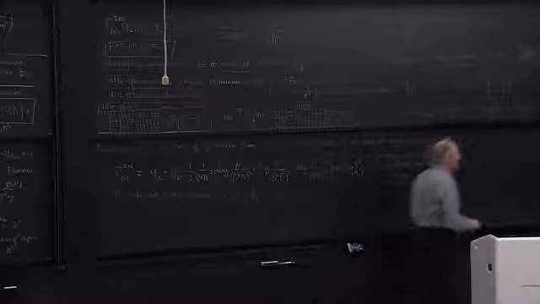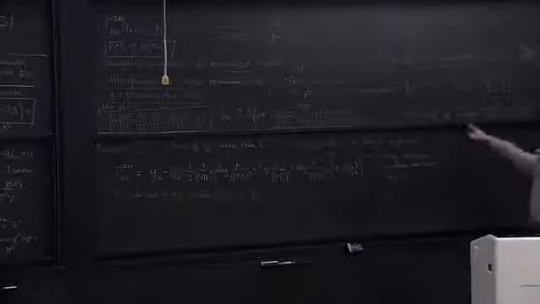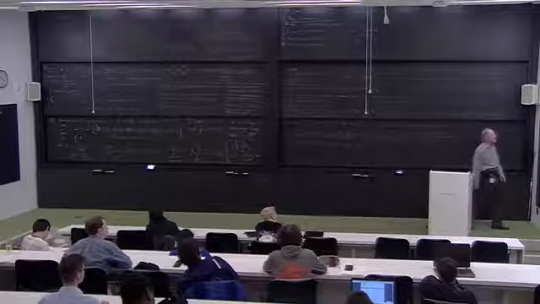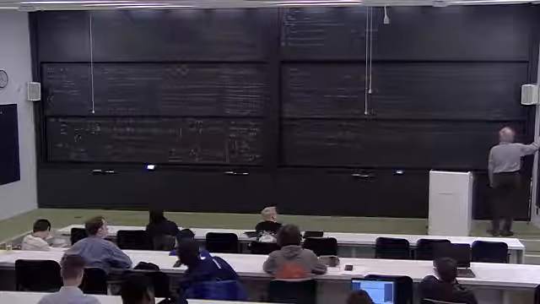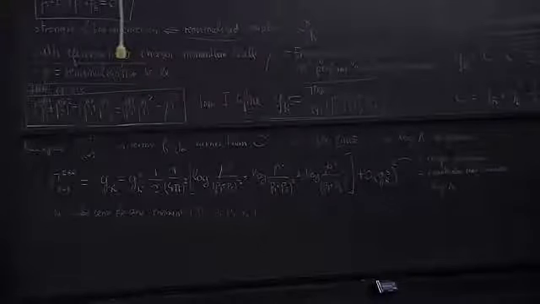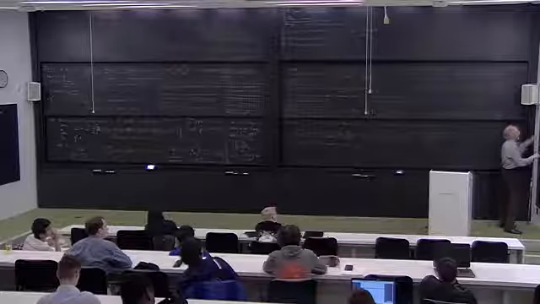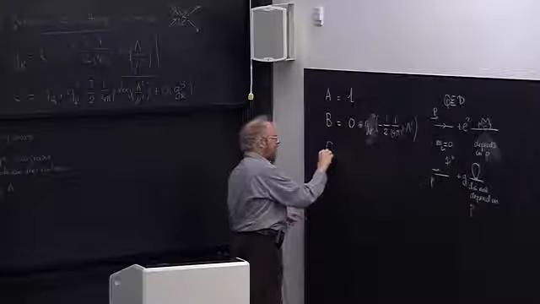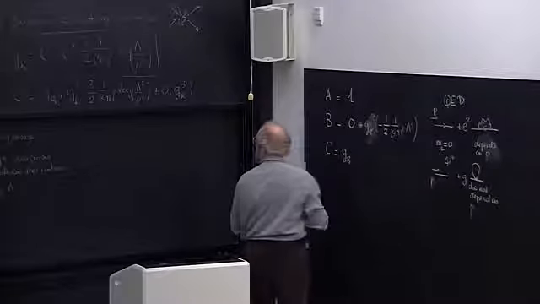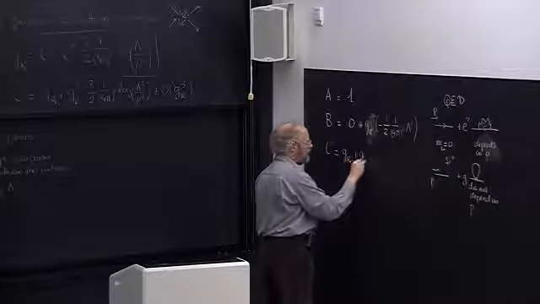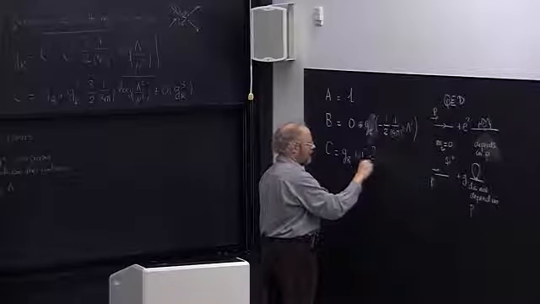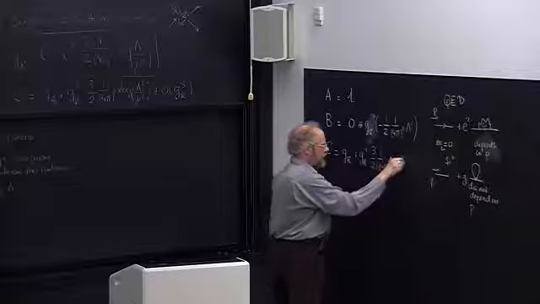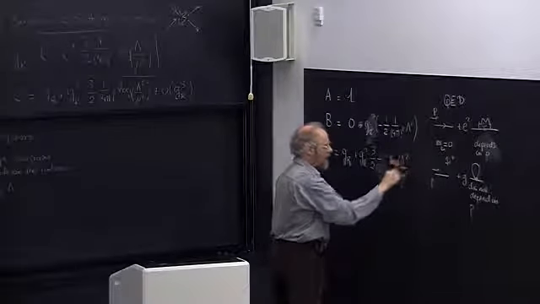So now, remember, this was going to be B equal 1 plus C. But C is equal to G renormalized to something. So my final choice is A equal 1, B equal 0 plus G renormalized and this, and C equal G renormalized plus G renormalized squared, 3/2, 1/4 pi squared, log of lambda squared divided by mu squared.